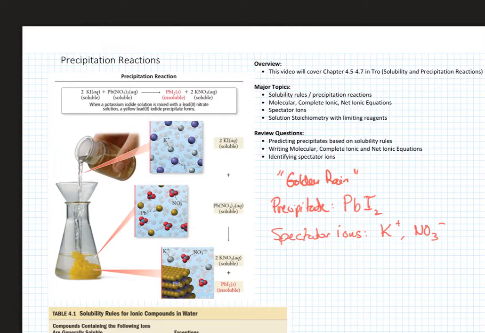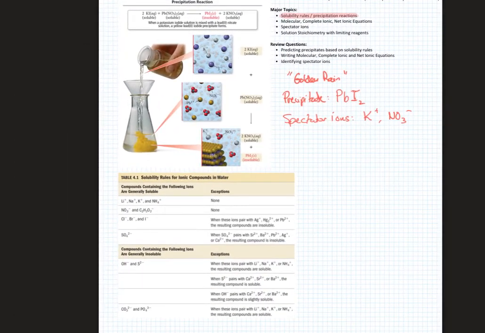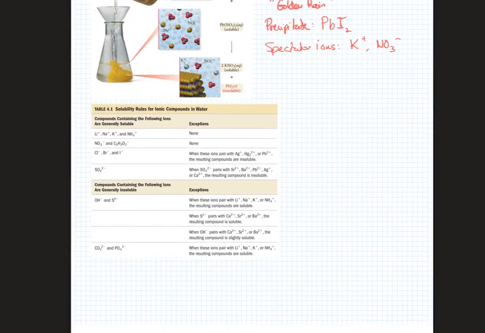Okay, so a logical question at this point is, how do we know which thing is going to react and which isn't? That is where we invoke something called the solubility rules. In your textbook, in Table 4.1 in Tro's text, there is this kind of ridiculous looking table that you can memorize that tells all the different solubility rules.